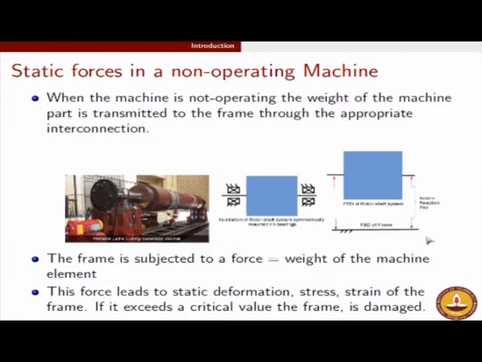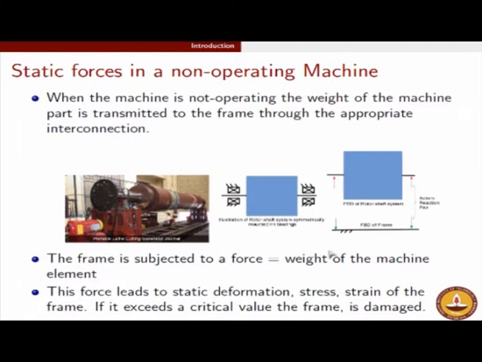So if these stress and strain energy are within permissible values, then the frame will be able to bear the load of the machine. If it exceeds the critical value, then the frame will undergo failure and be damaged. That is what theories of failure and strength of materials tell us.